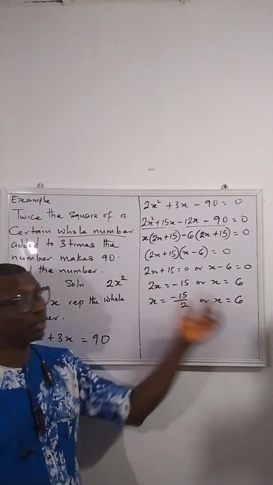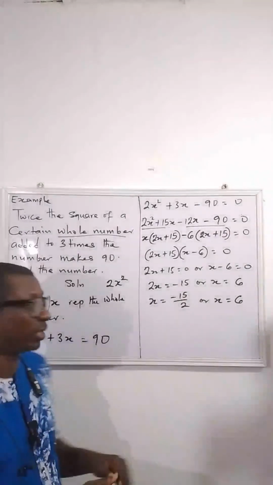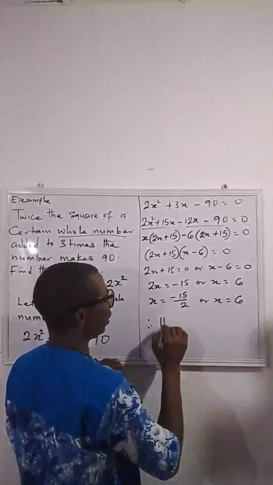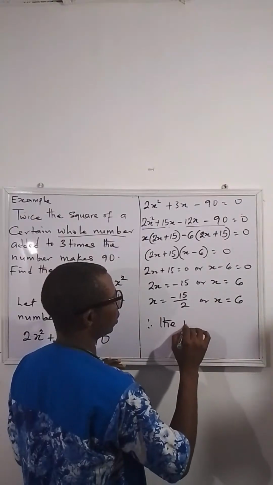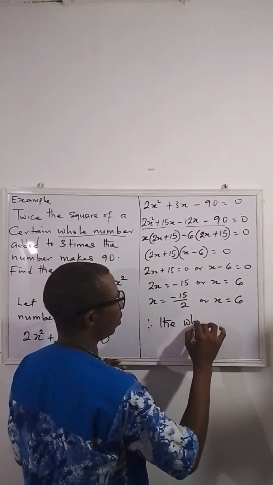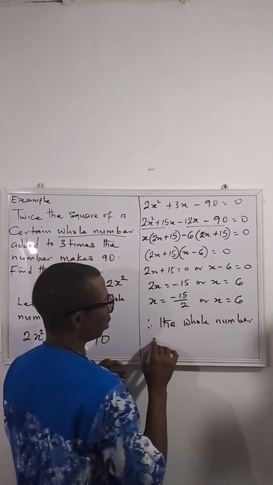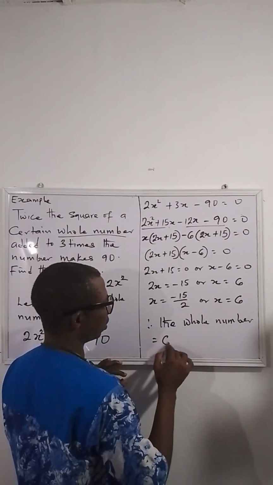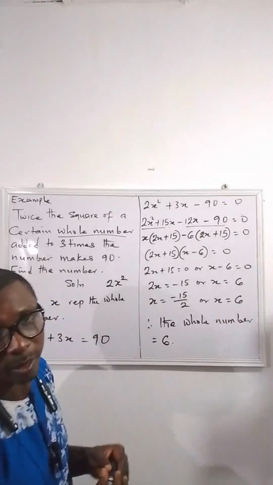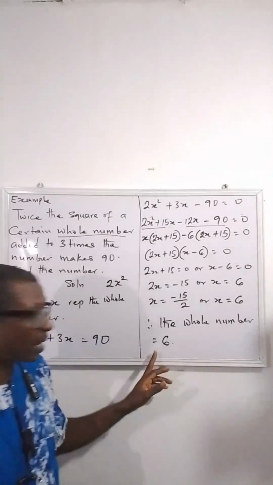So that means the number this question is talking about is 6. So therefore, the whole number is equal to 6. So that is the whole number. All right? Do you all get that?